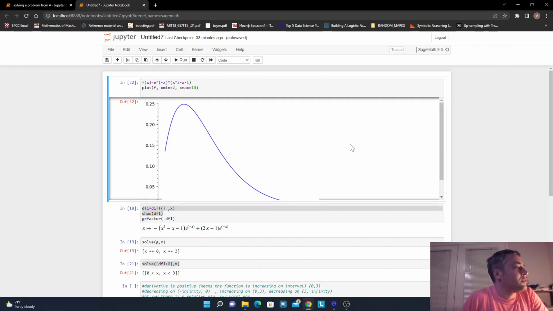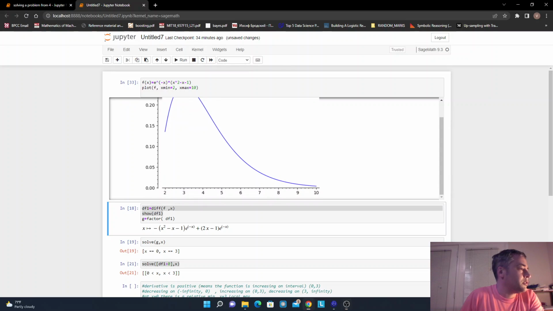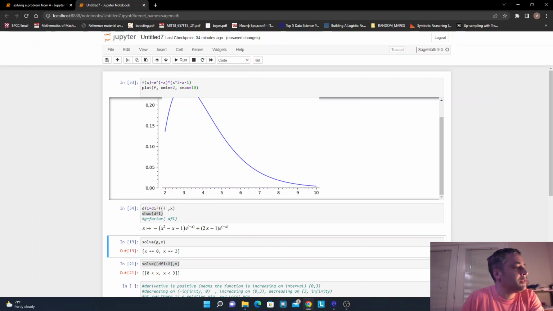Okay, so let us do this. Just a moment. Okay, so we have a graph here, and we start talking about the first derivative. And just to show you what's going on, if I just do show df1, it is not going to be very pretty.